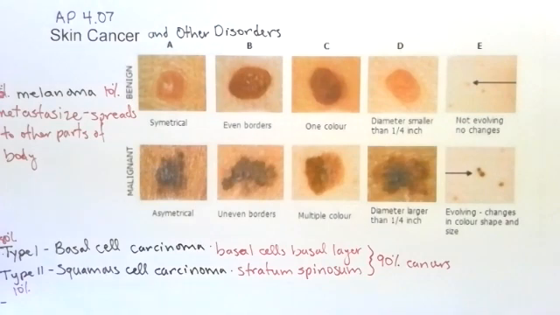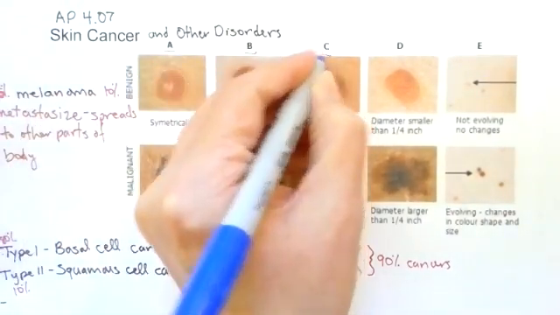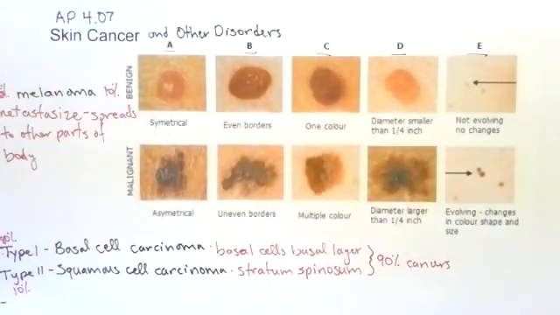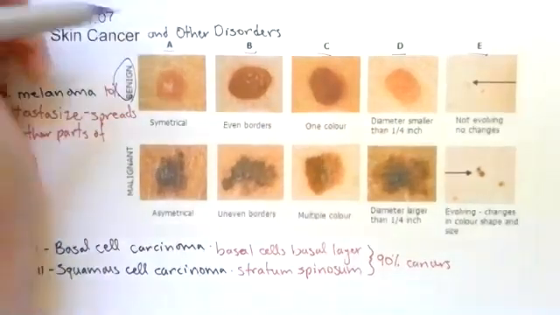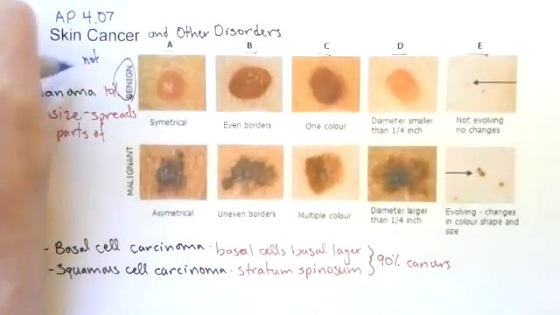But understanding what the warning signs are for melanoma is good to know at any age. And doctors will say, remember your A, B, C, D, and E's of skin. Benign means not cancerous. So up here, this is not cancerous.